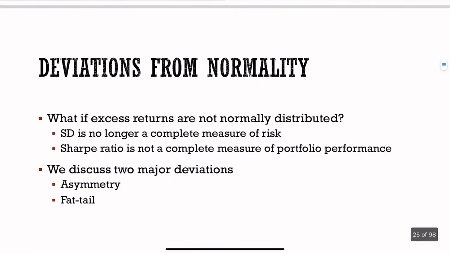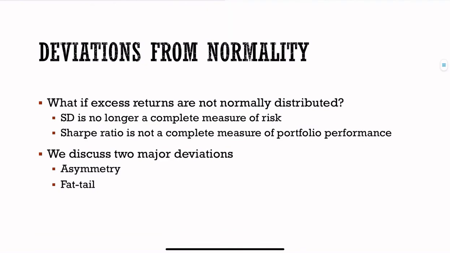However, the reality is messy. And if you look at data, security returns do not satisfy normality. They're not normally distributed. So what's the implication of this? Well, it basically means that if it is not normally distributed, then standard deviation is not a complete measure of risk.